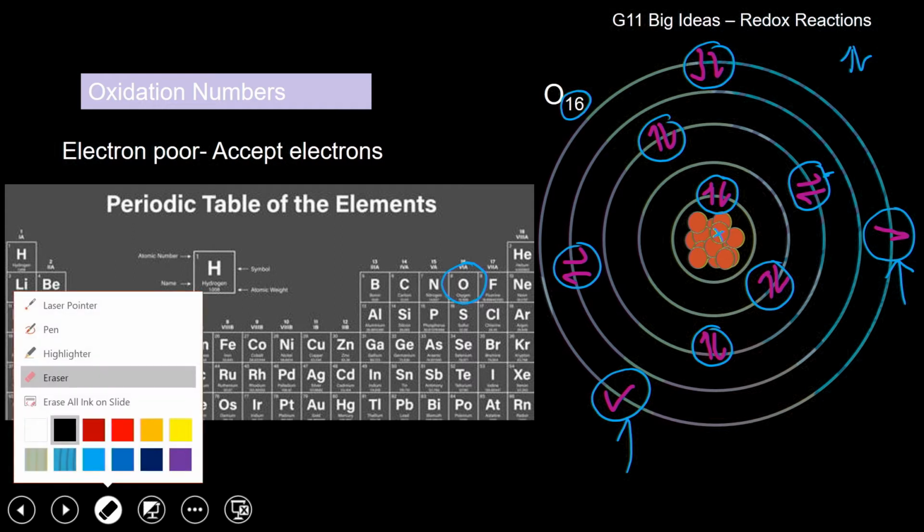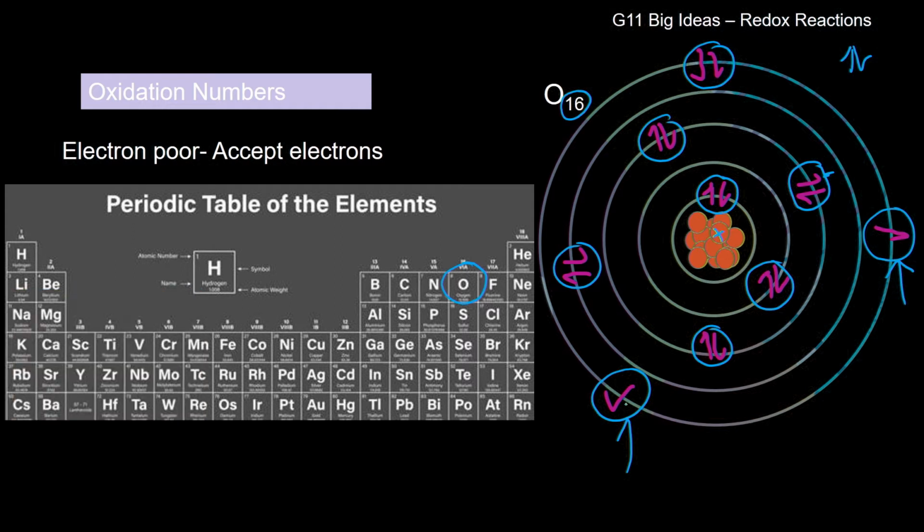So 1 to match this one, and 1 to match this one over here. So oxygen takes on 2 electrons, and so it becomes 2 minus. That is its oxidation number when it is involved in electron exchange.